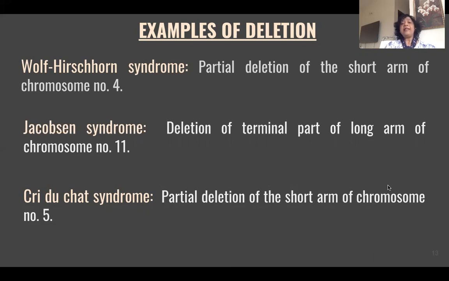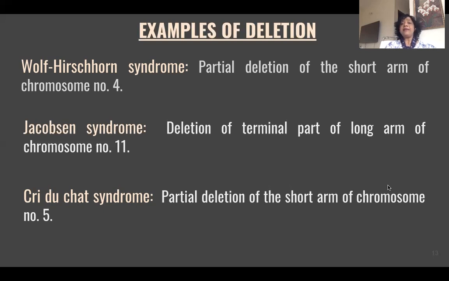In that case, the organism can survive, though it shows some symptoms because of the loss of the genes, but still the organism survives. Whereas if the deletion is a huge deletion, where the segment is very large, then it carries a large number of genes and it may be lethal for the organism.